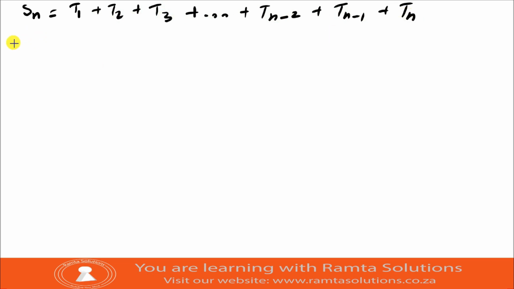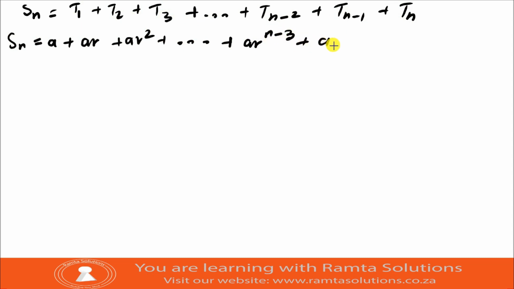In the previous page, I had shown you that T1 was A, T2 was AR, T3 was AR squared, Tn minus 2 was AR to the n minus 3, Tn minus 1 was AR to the n minus 2, and finally Tn was AR to the n minus 1. Let's call this one here equation 1.